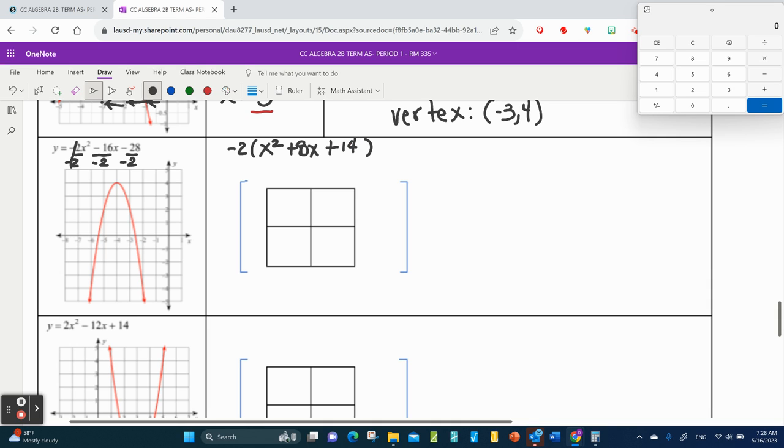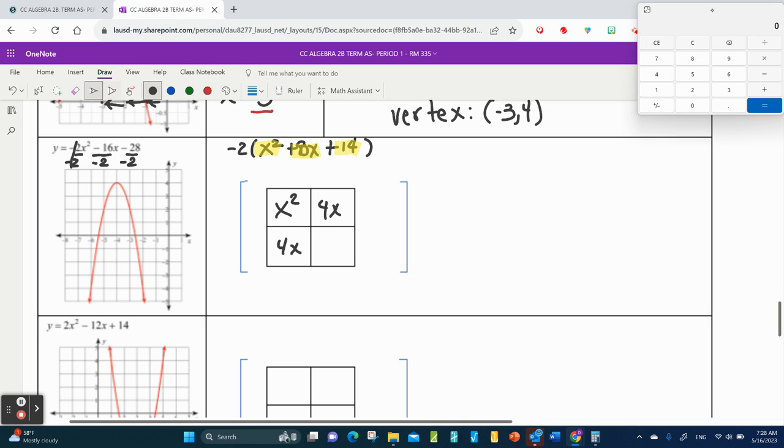So what I do now is I'm going to take each of these pieces, which is my x squared, 8x, 14, and I'm going to put it inside of the square. So let's see, x squared goes here. The 8x gets divided by 2 because it has to be split up between this part and this part.